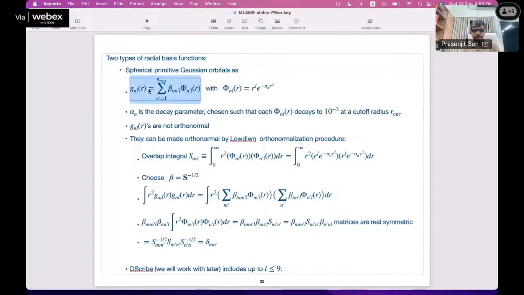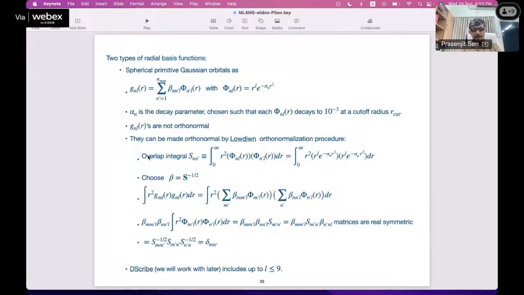So I said one type of radial basis functions that we use are called spherical primitive Gaussian orbitals. The capital phi's that you see here are the spherical primitive Gaussian functions, and their linear combinations are used as the radial basis functions g's. You sum them for a fixed L, over the index n going from 1 to some maximum number n.